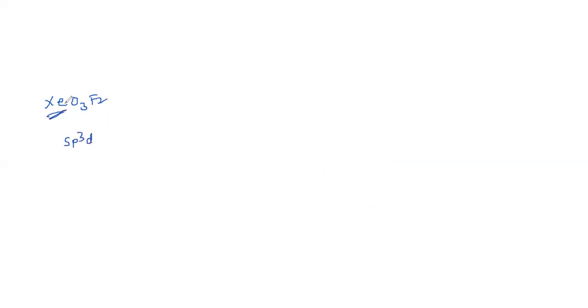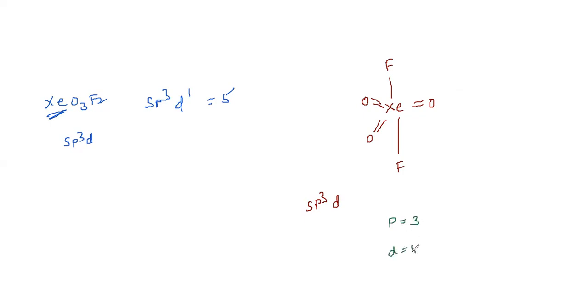Xenon is 8, then the monovalents are 2, so 8 plus 2 by 2 means 5, sp3d. We write the structure again: Xe double bond O, double bond O, double bond O, one fluorine at the bottom and another fluorine at the top. In sp3d, all three p orbitals are used, so only the d orbitals, which are 5, remain.